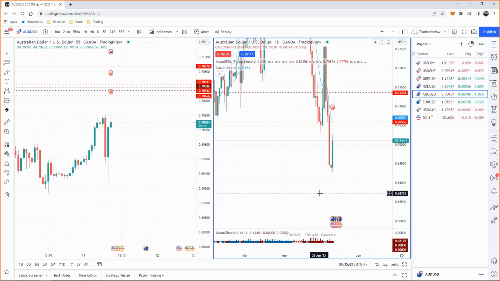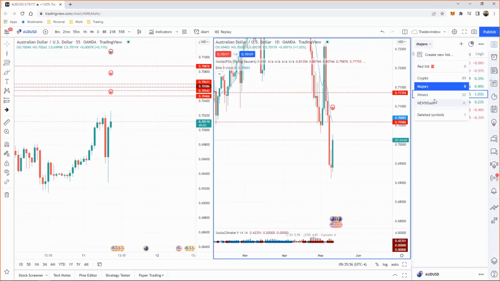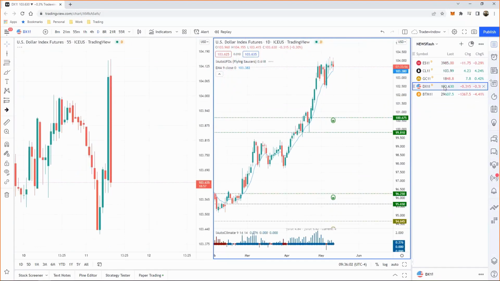And right now we do see that we are pushing up a whole percent on the Aussie USD. So there's a good chance that the Dixie might be taking a beating right now. As we see, it's down 0.3%.